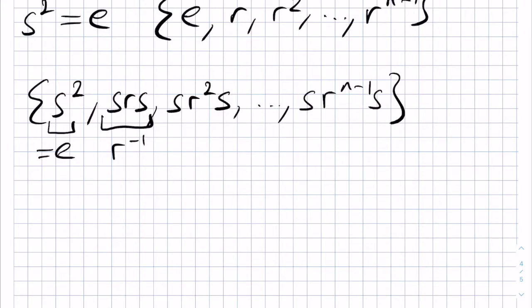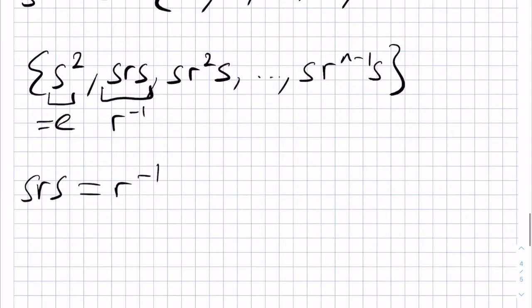Can we simplify the other terms using this same result? srs is r inverse. We have sr squared s and all the way up to sr to the n minus 1 s. If we have this result here, can we find sr to the k s more generally?